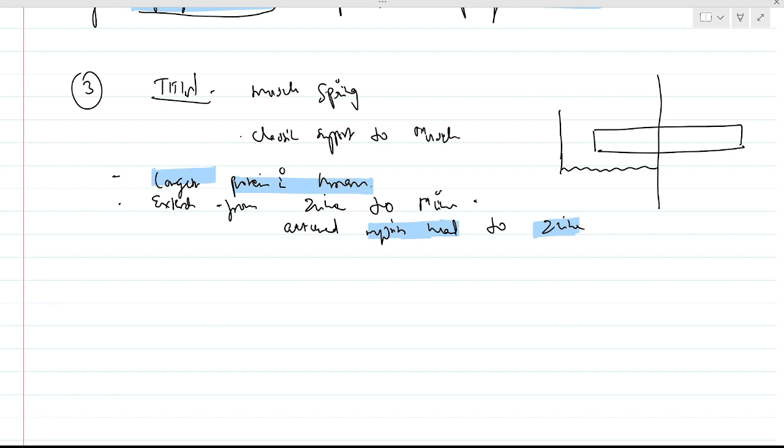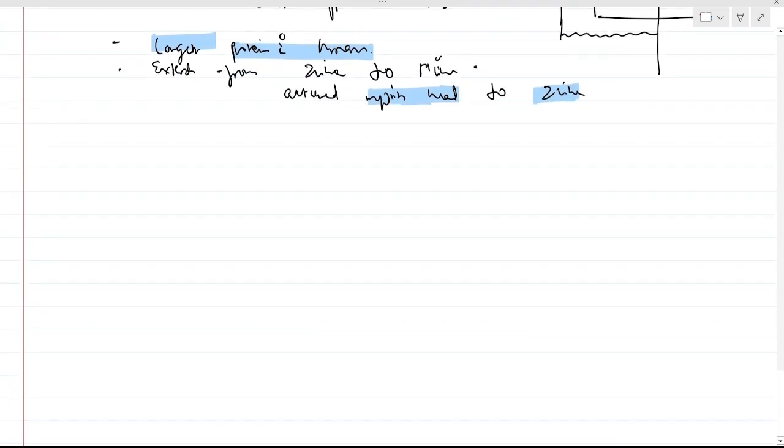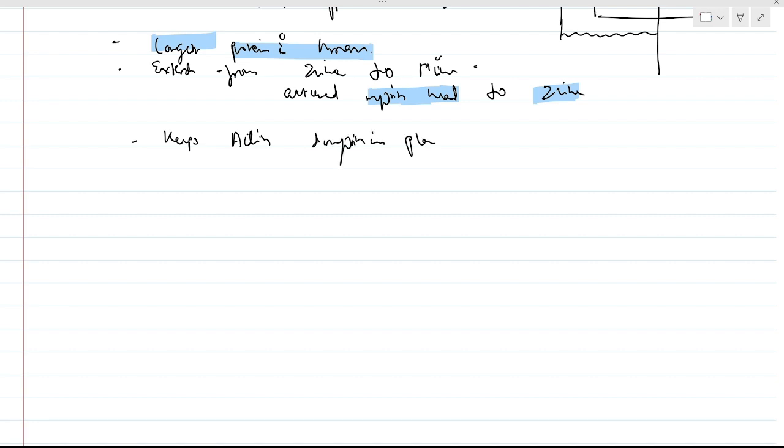This titin, remember, keeps actin and myosin in place, in a side by side arrangement of actin and myosin.